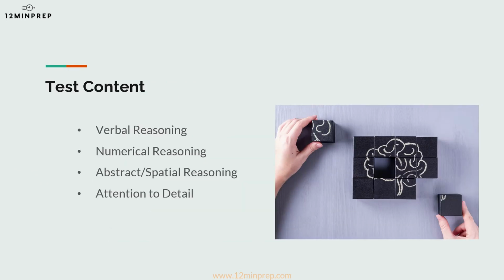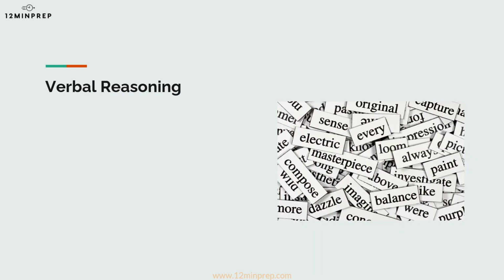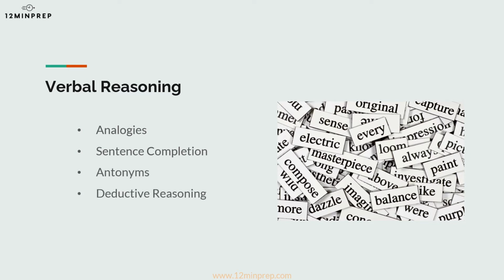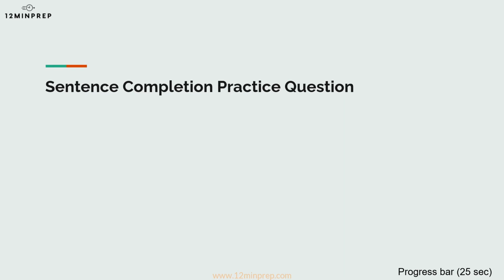Let's quickly go over the types of questions you can expect on the test, divided into the four main cognitive areas. Starting with verbal reasoning, there are four question types: analogies, sentence completion, antonyms, and deductive reasoning. Take 25 seconds to solve this sentence completion practice question.